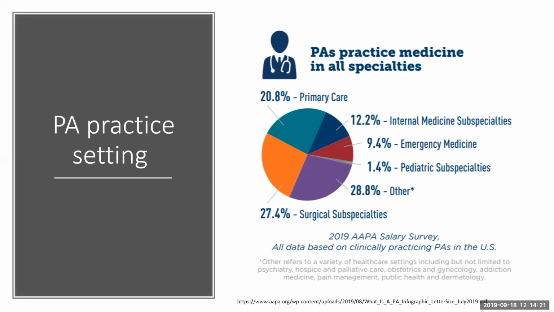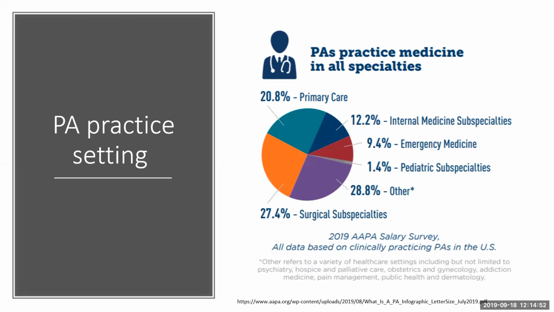Now, unlike nurse practitioners, PA students don't focus on one specialty or one age or population. PAs get broad coverage in their education, similar to nurse practitioners, but they don't focus specifically on family or acute or primary care. They have the opportunity, potentially post-graduation, to work in any of these practice settings.